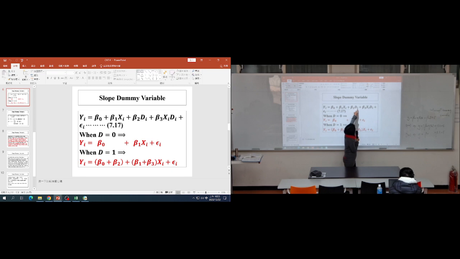And this dummy, D only, is an intercept dummy because this beta 2 affects the intercept only. So this is called intercept dummy, and this D, which is multiplied with some important or reasonable x, turns out to be the slope dummy.